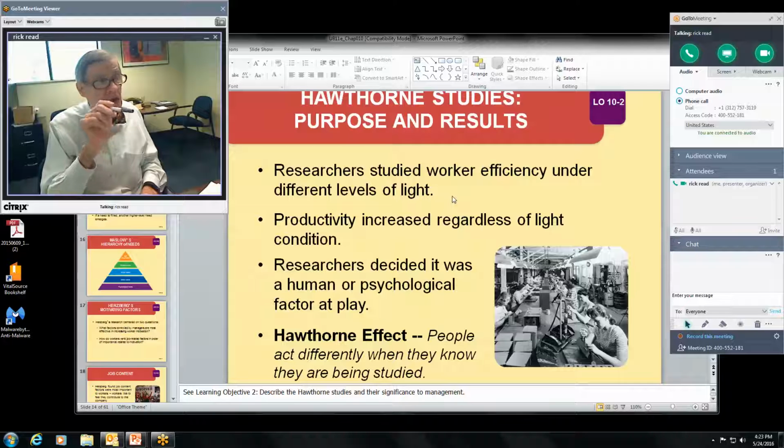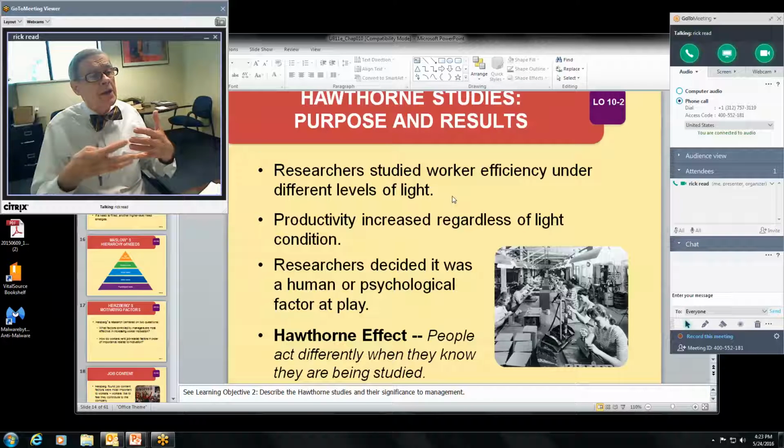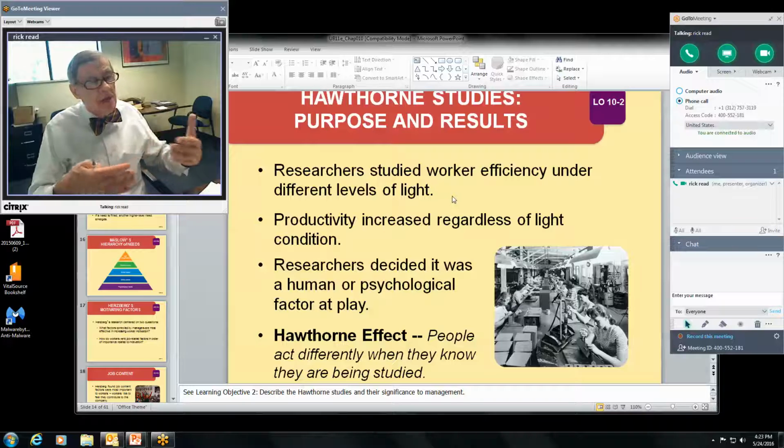Productivity stayed relatively the same, if not increased. What they found out was it was the work atmosphere, the people working together, the relationships. And then they also found out, as the bottom part of this says, people act differently when they know they're being observed. A very interesting thing.